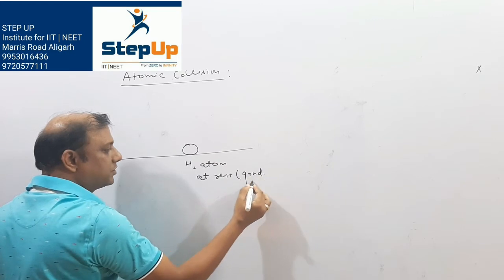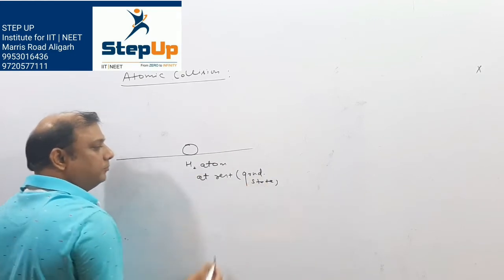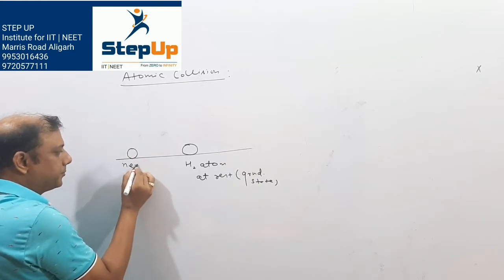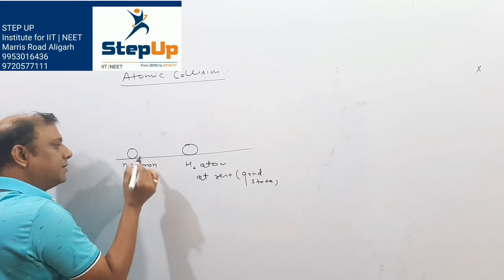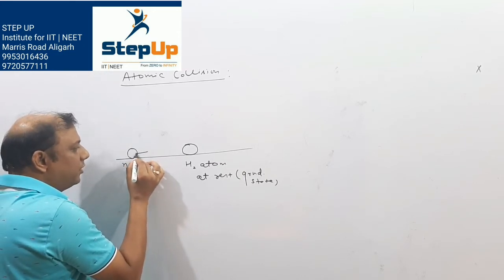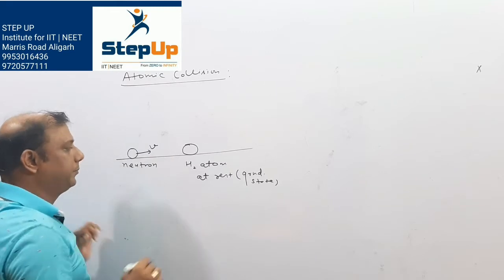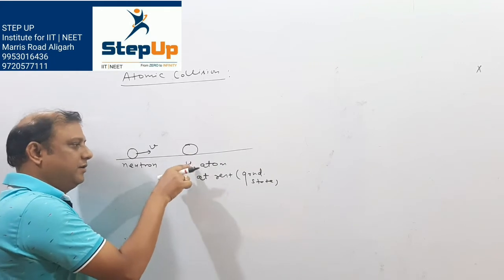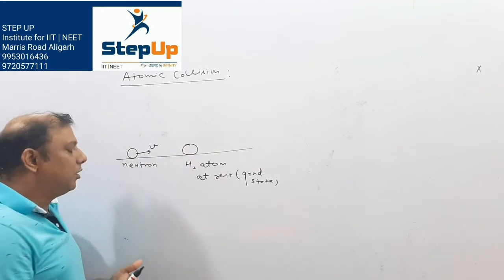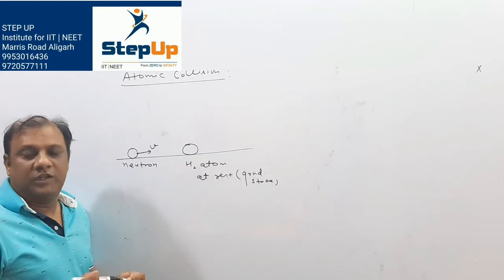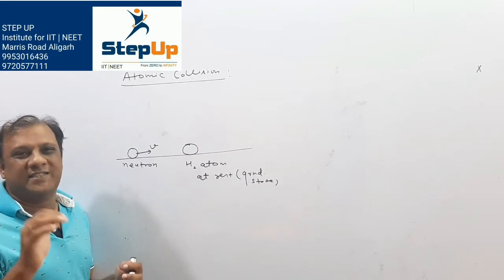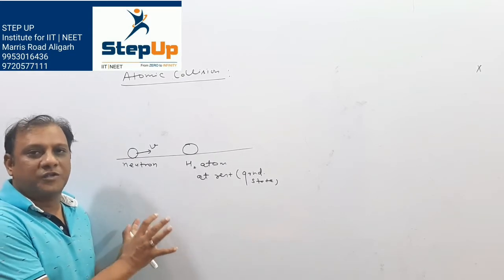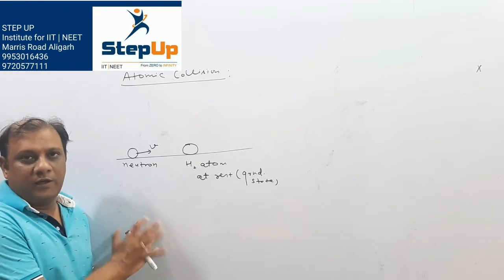Here it is a neutron, moving with speed v, and this neutron collides with the hydrogen atom. We have to find out whether the collision is elastic or inelastic. This is the only concept we are going to study in this topic.